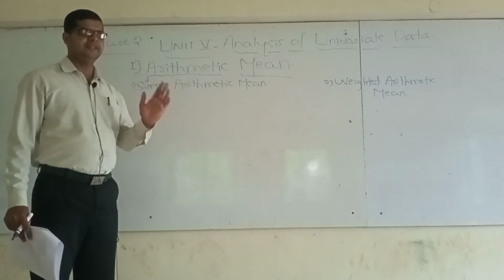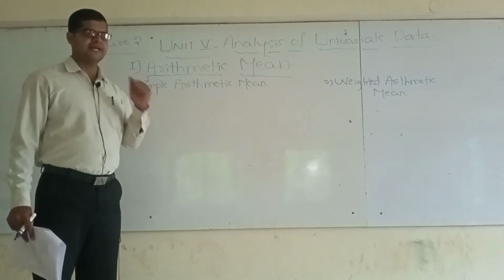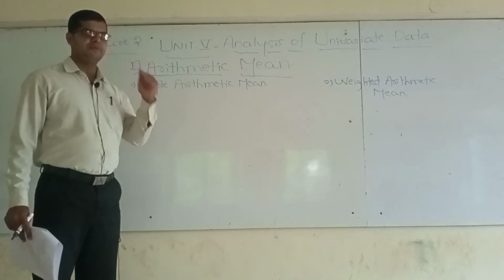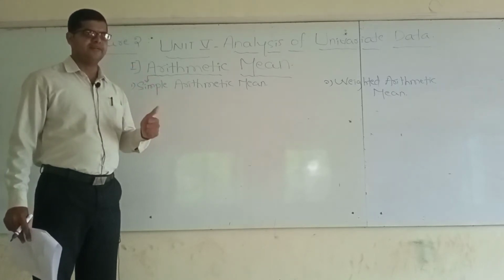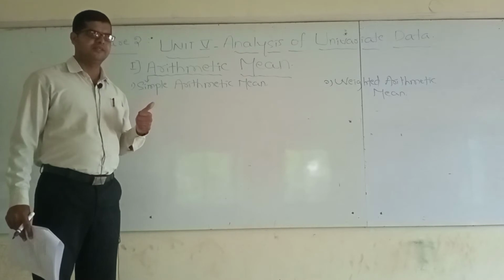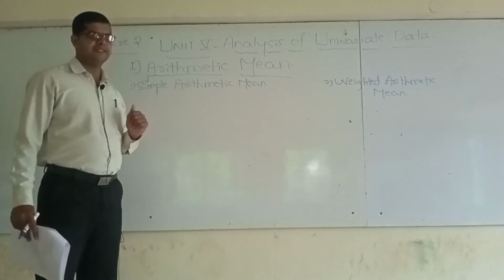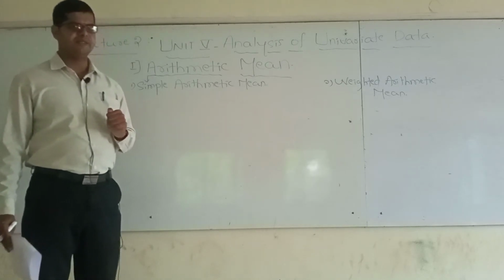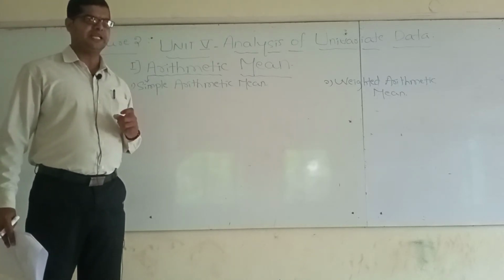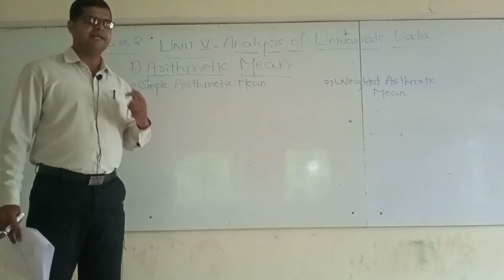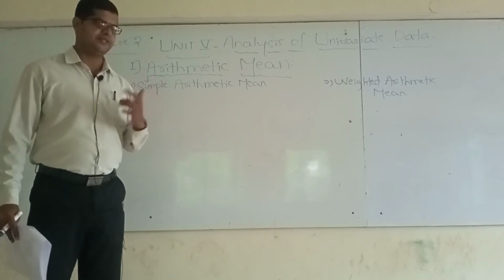As I said earlier, we take the types one by one individually and work out problems on them. Then we go for further types of averages. I am taking the first type, arithmetic mean. Again here we are calculating a single value that represents the mass of data.